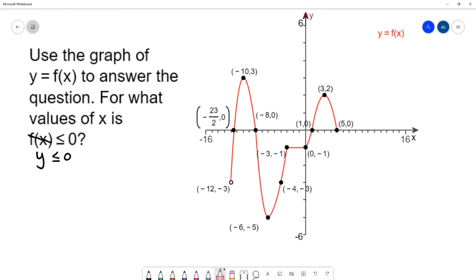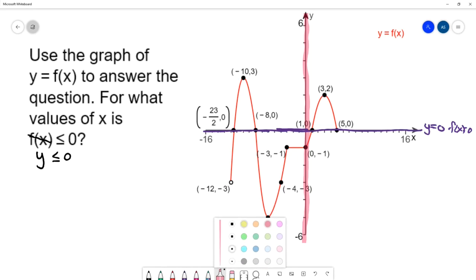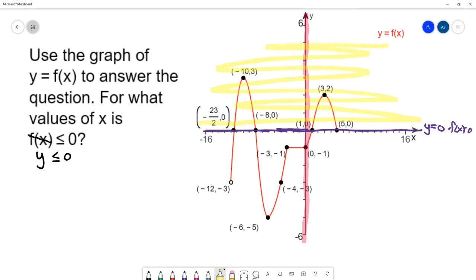So we want to pay attention to our y scale, and we know for our y scale that anything that is on the x-axis will have y equal 0, or f of x equal to 0. Anything that is above the x-axis will have y being greater than 0, or f of x being greater than 0.